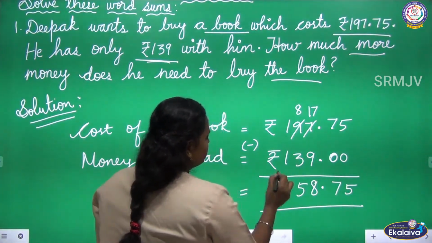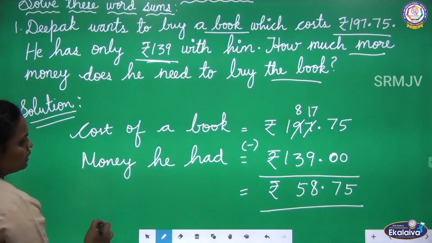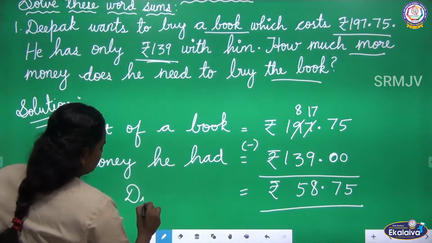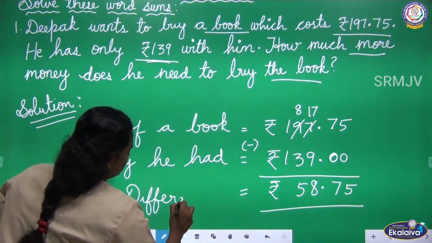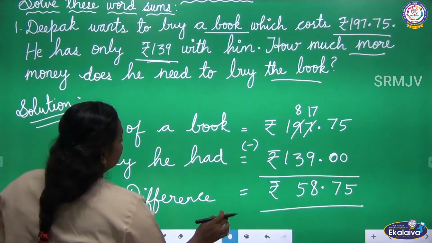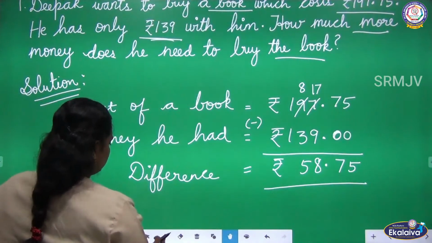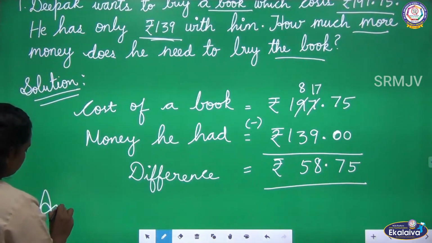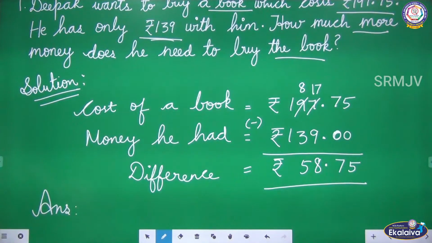So write the rupee symbol. So you can write difference. So difference equal to rupees 58 rupees 75 paise. So answer, how much money Deepak needs?